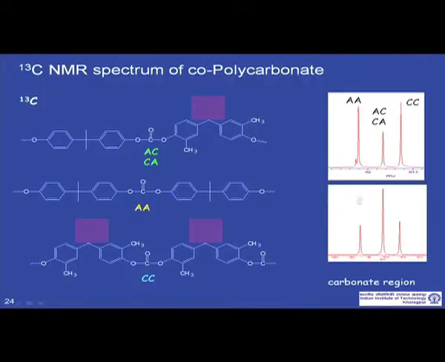These are examples of this copolymer made from two different processes.